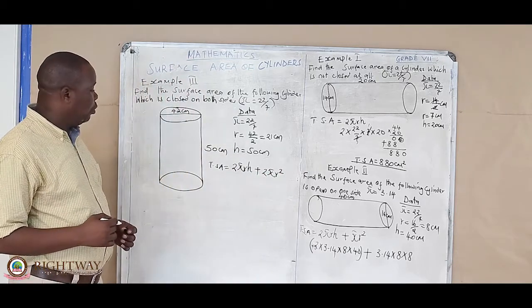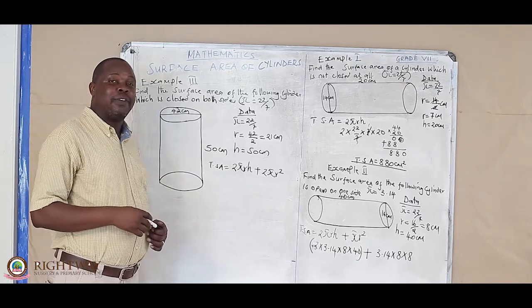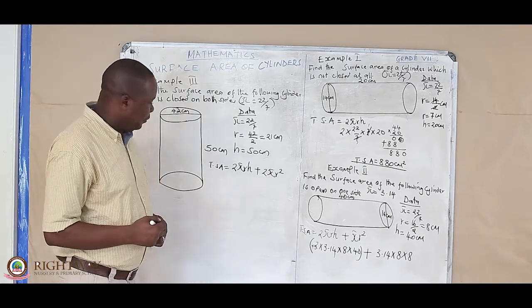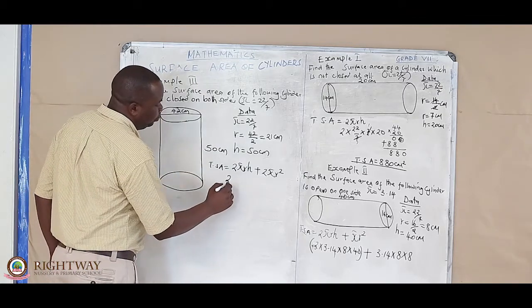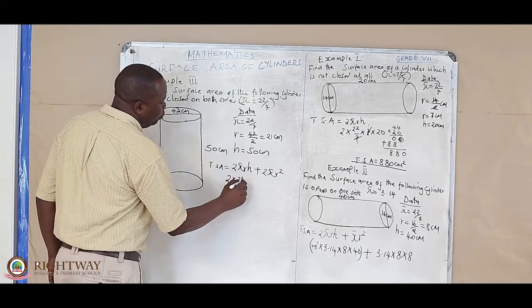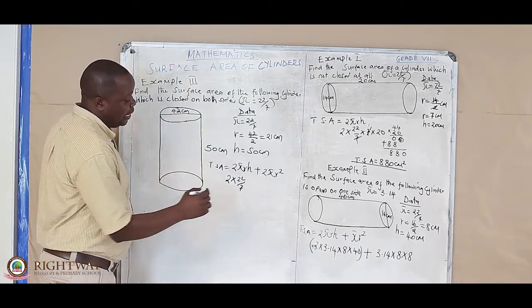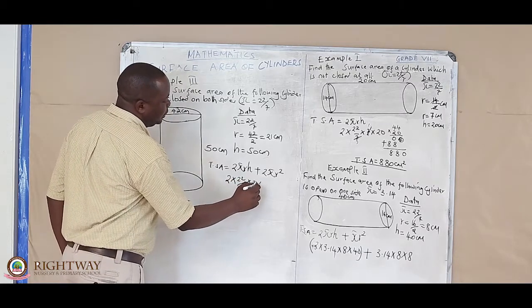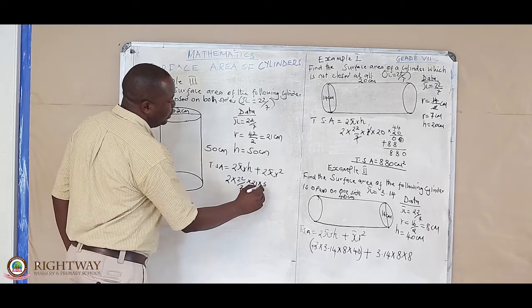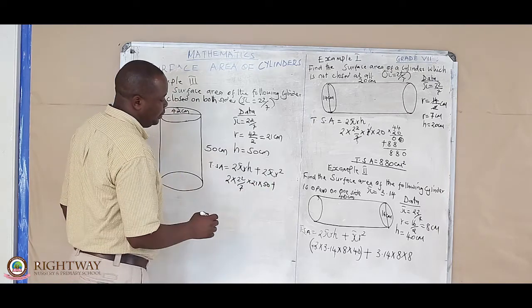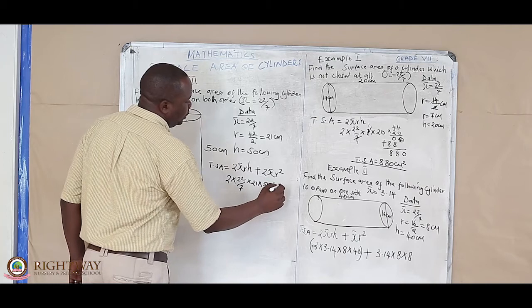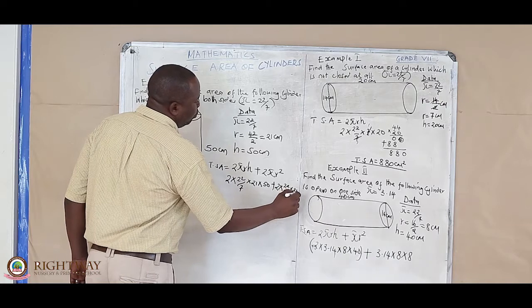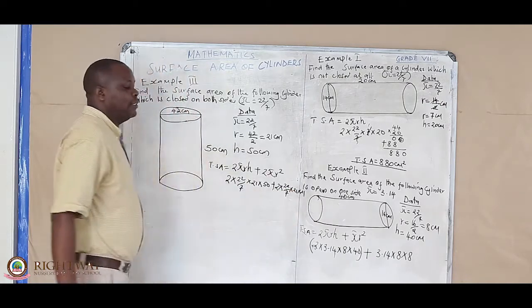Therefore, it will be 2 times 22/7 times 21 times 50, plus 2 times 22/7 times 21 times 21.